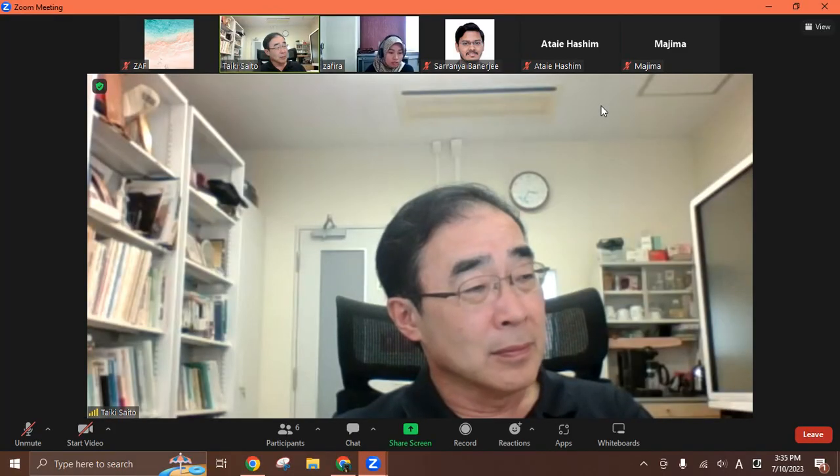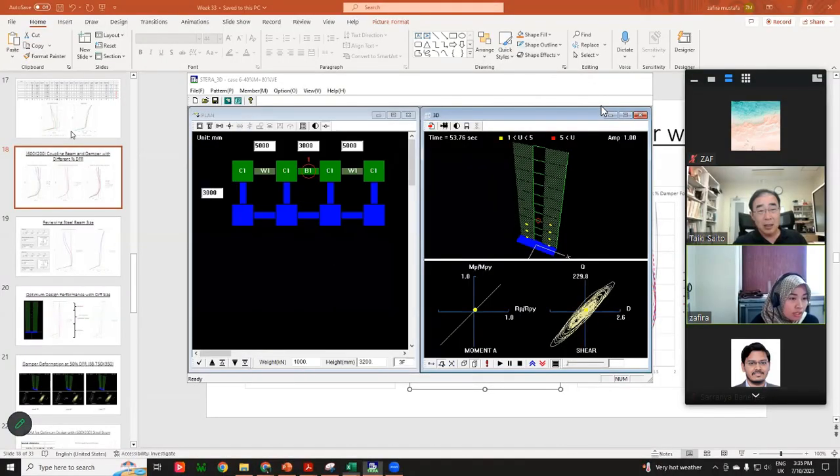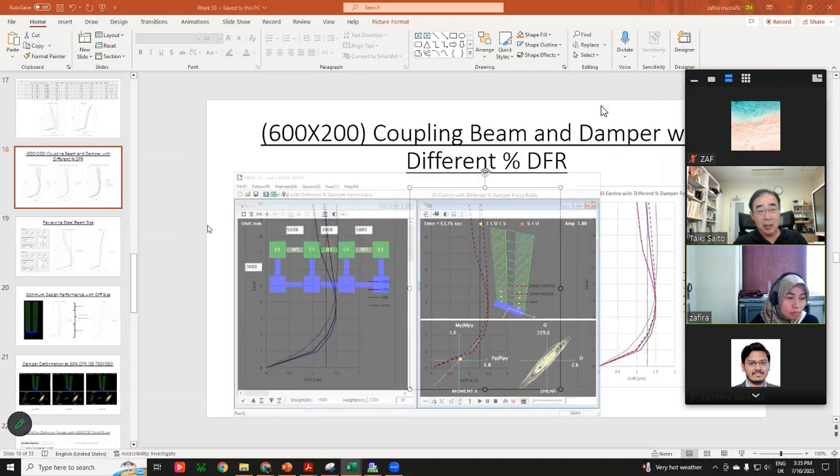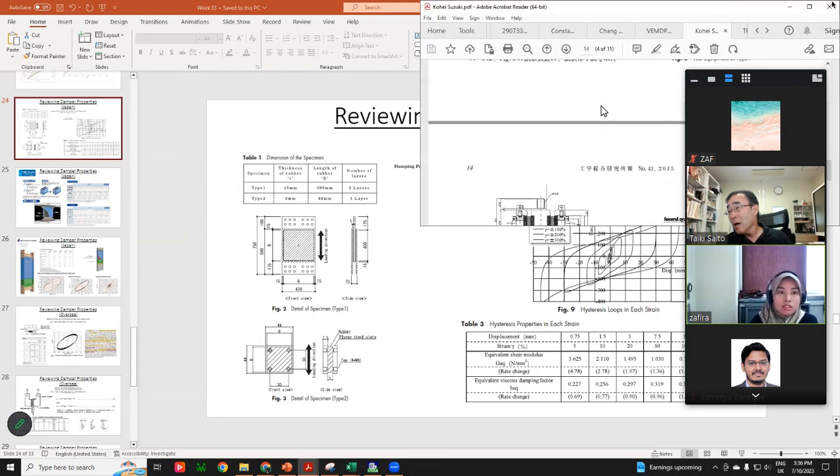Okay. Then I also searched some catalog about this, for you asking me about the material property. This is from Japan. This is one damping. This is a paper from Kohei-san and Hideyuki-san. The title is damping performance evaluation test of viscoelastic damper. Which company are they working for? Let me open it. But it's in Japanese.